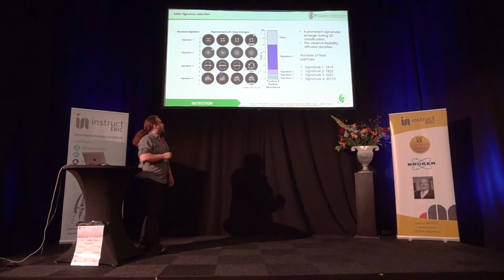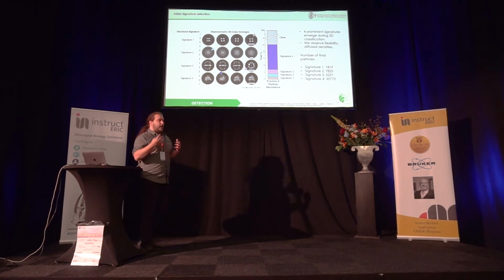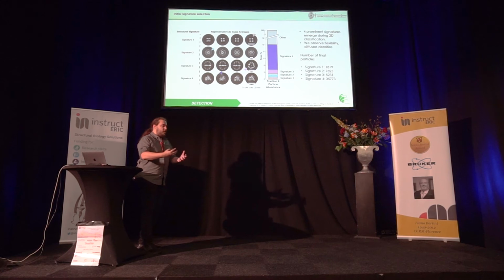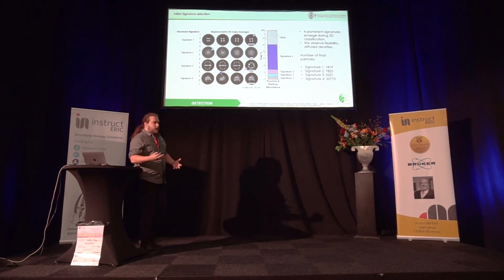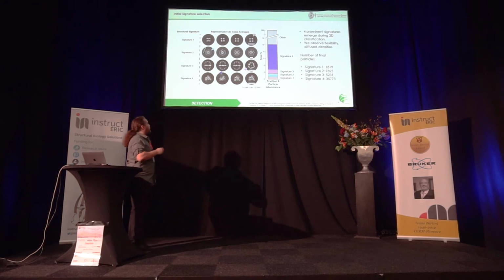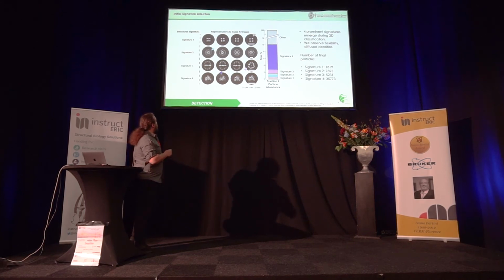So, after a dataset, the analysis comes. And as I said before, we want to do this with as minimal perturbation from the user as possible. So we use blob picking, and we have our initial set of particle picks, which we classified in 256 classes, and immediately we could see 4 signatures popping up in the class averages at the highest resolution.